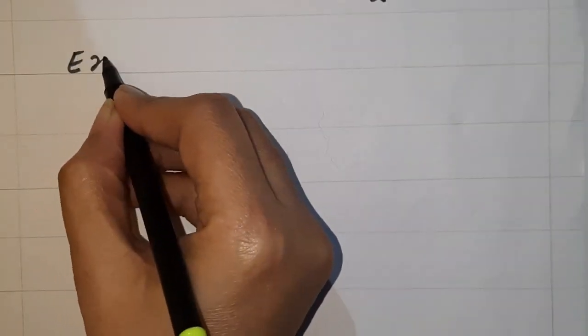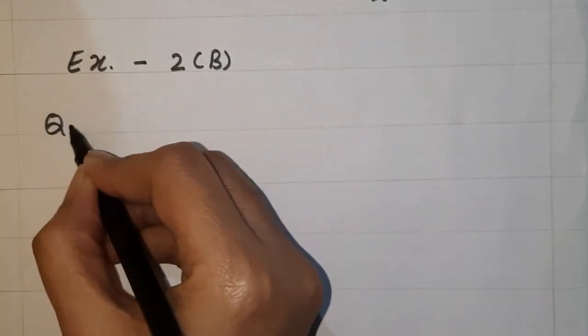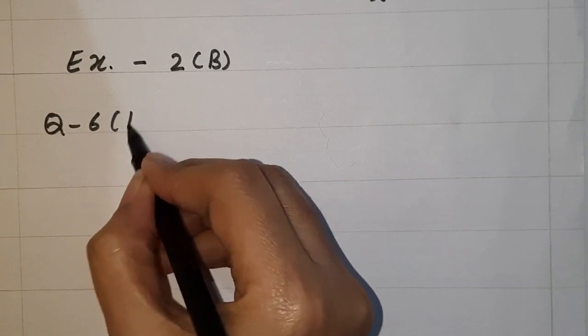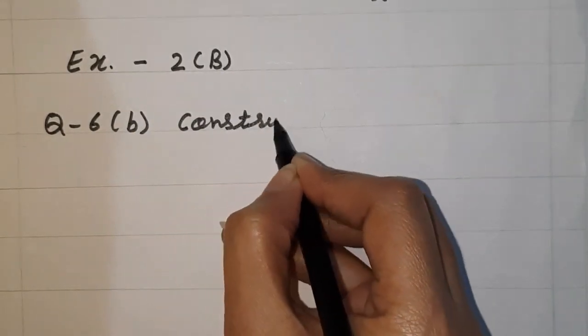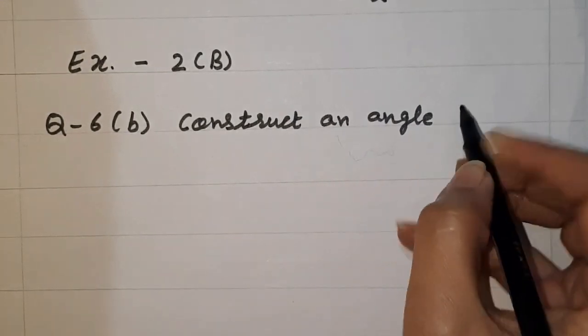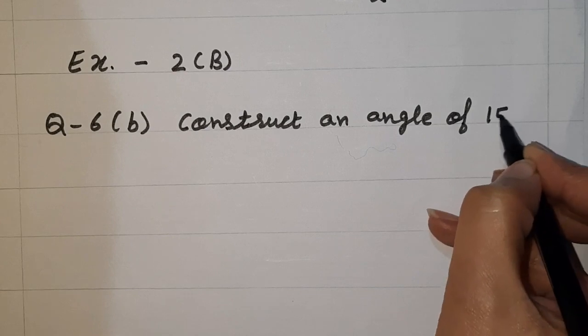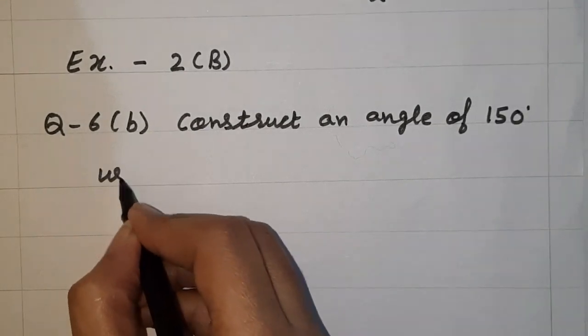Now we will do exercise 2B, question number 6. B part: we will construct an angle of 150 degree using a compass.